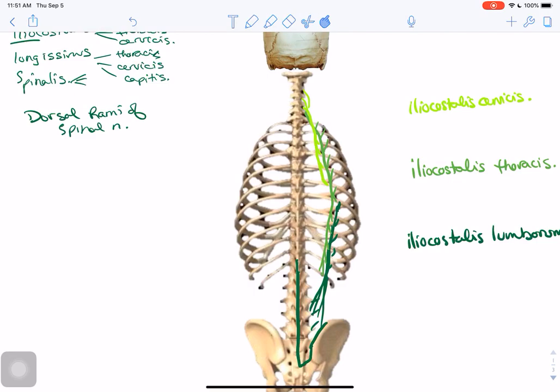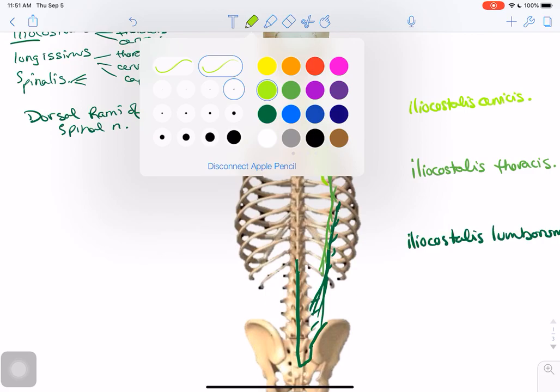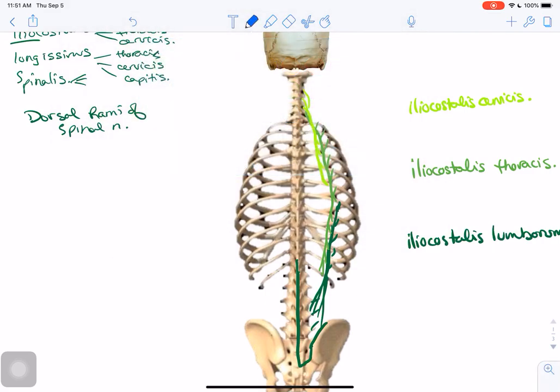Okay. Longissimus. Let's make the longissimus muscles shades of blue. Longissimus thoracis portion will have an origin that blends with the origin of iliocostalis lumborum. You can't really tell them all apart. It does have a specific attachment to the transverse processes of lumbar vertebrae.